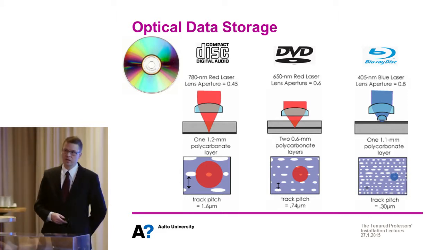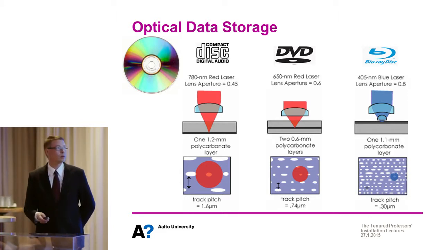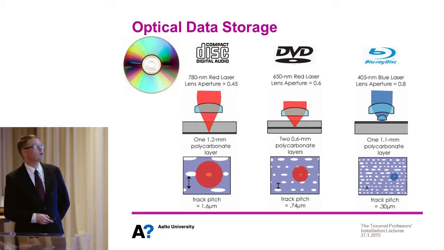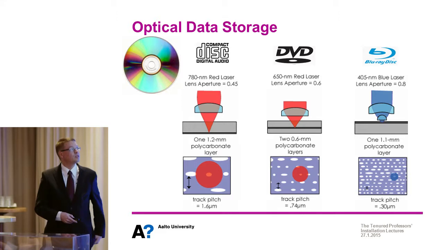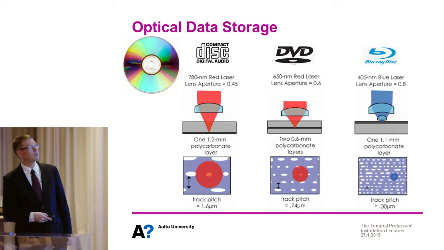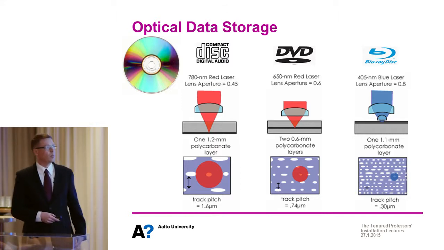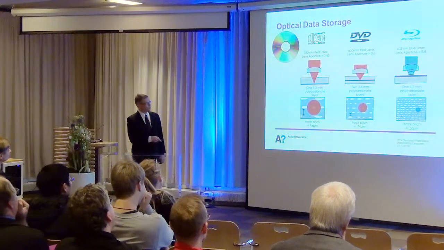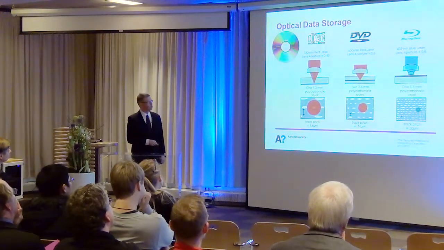Then everybody must have, at least in a computer or at home, one of these or several of these: CD players, DVD players, and nowadays also Blu-ray disc players. So the optical storage density is increasing by using shorter wavelength and packing the information into a smaller area.